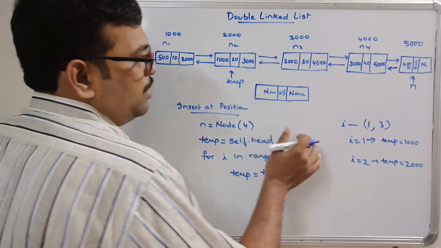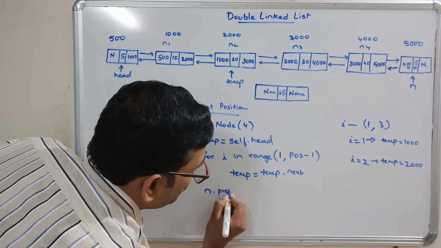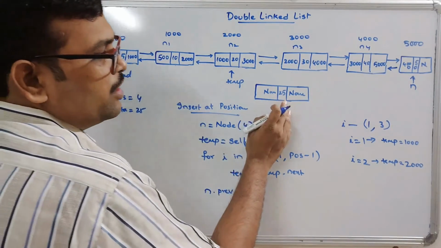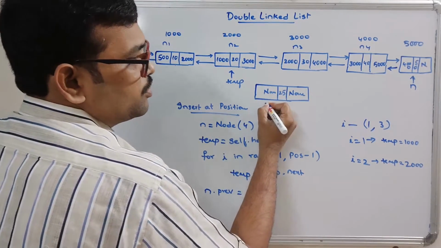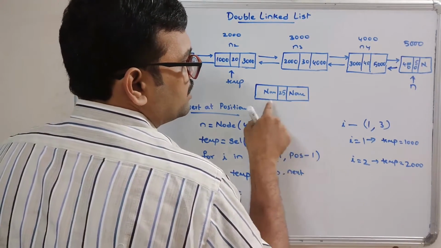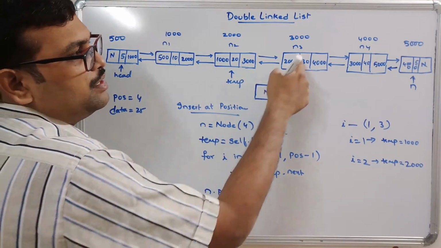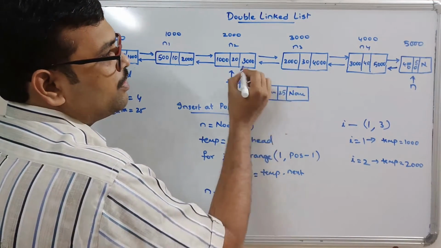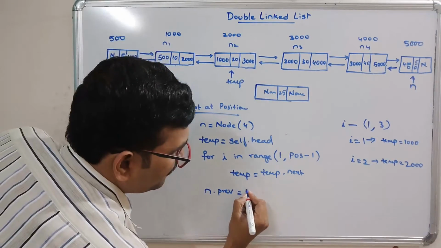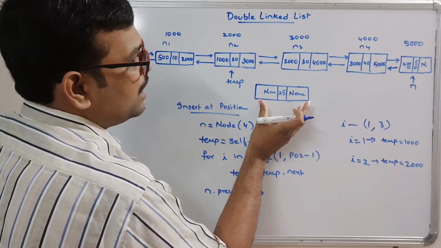Right? So now n dot previous is equal to, n dot previous means this one. So this is the previous and this is the next. So n dot previous is equal to what we have to get here, this value, temporary, because we are inserting this element here.